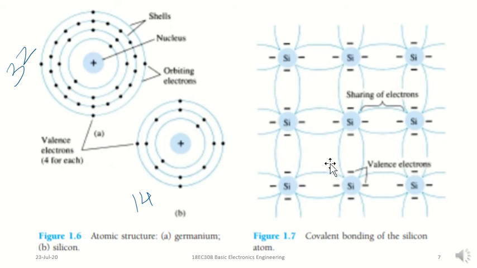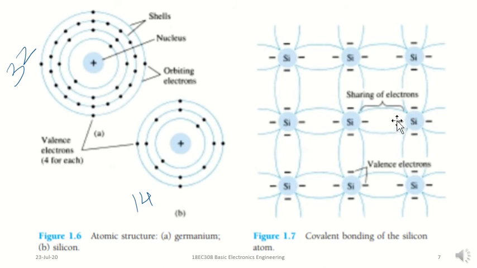Now this is the atomic structure of a single atom, and next is how they form bonding. This is a single silicon atom, and the minus signs indicate electrons. How many outermost electrons are there? You can see in silicon 1, 2, 3, 4. Germanium also has 4; this example is given only for silicon, and you can extend it to germanium.